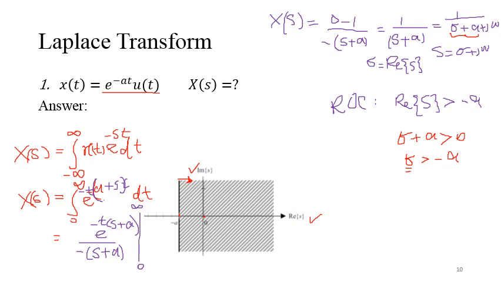Here we plot it, and I hope this gives you an understanding of how we find the Laplace transform and what the region of convergence is. All values where this relationship holds are the region where it will converge. Where it doesn't hold, it may not converge.